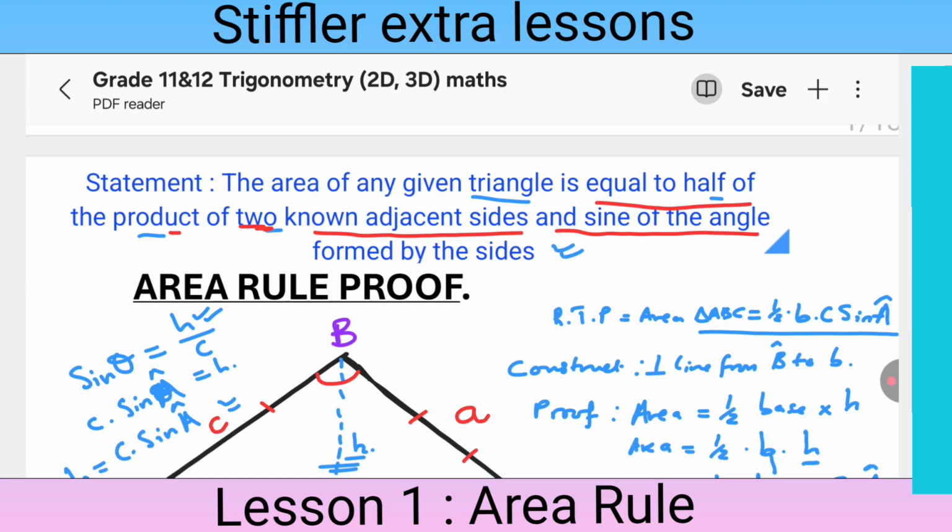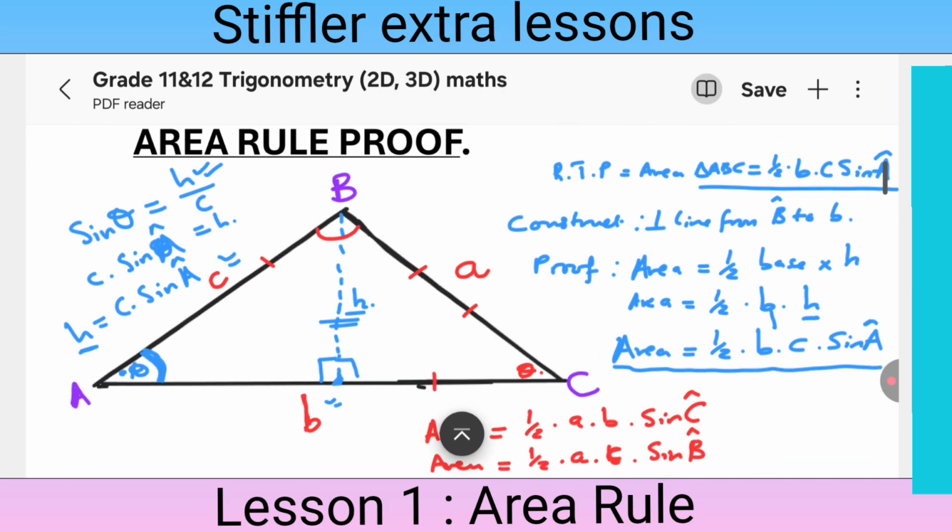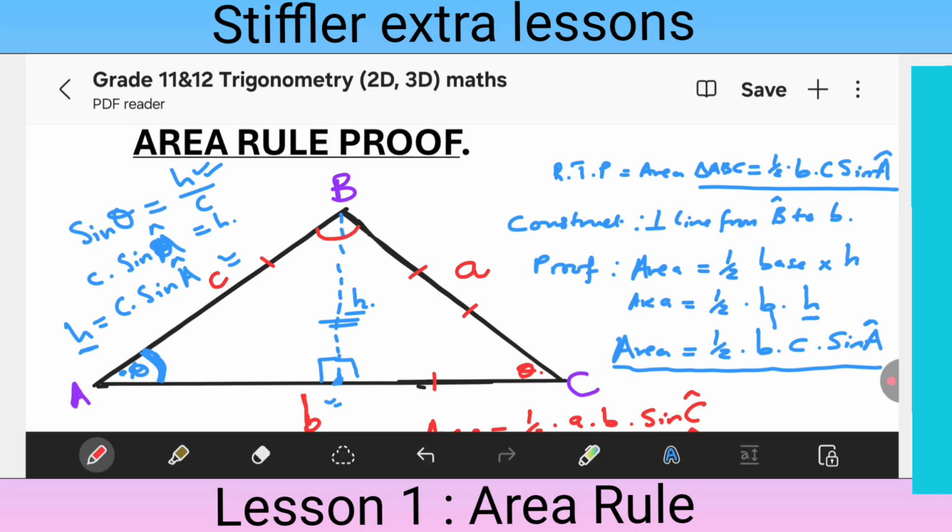So we can see that it is true that if you have two adjacent sides that are known, and the angle that they form, we can find the area, since it is half the product of two known adjacent sides and the angle that they make.